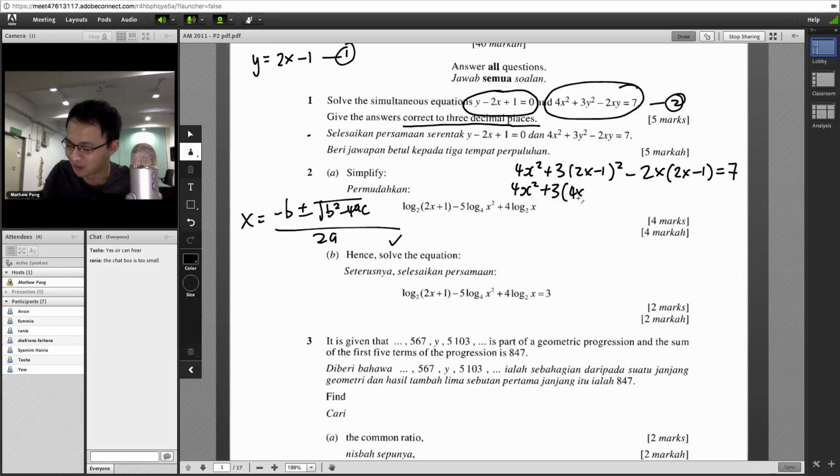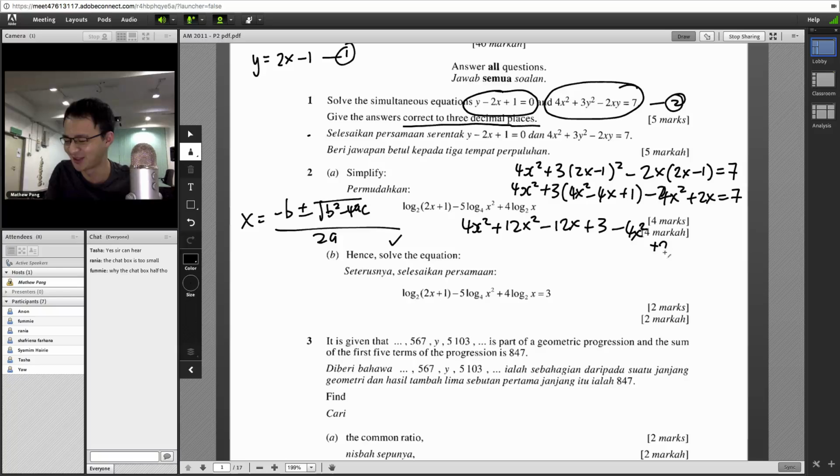So this one should be 4x squared minus 4x plus 1, and then minus 4x squared plus 2x equals 7. Then we solve this one. Basically I will have 4x squared plus 12x squared minus 12x plus 3 minus 4x squared plus 2x equals 7.